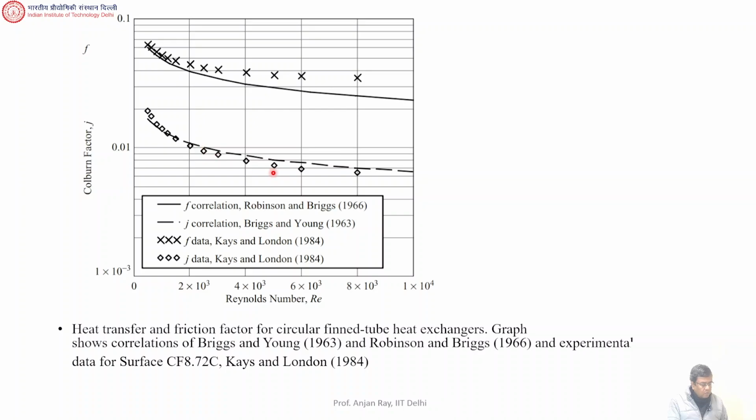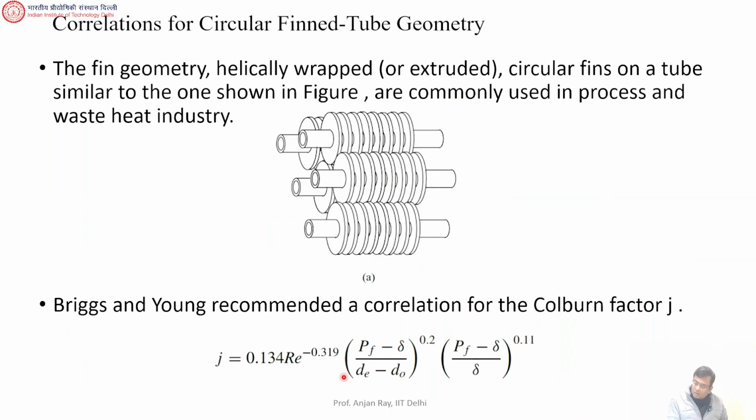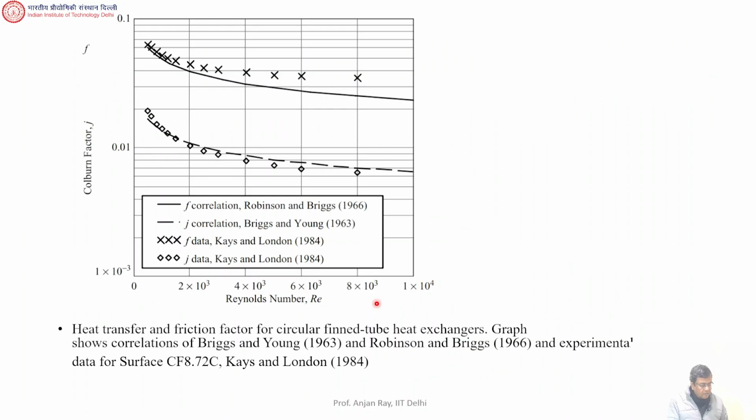For J also there is a correlation, this one, and that's plotted with this dashed line. What are the data? Data are from experiments, obviously. These experiments were done by Kays and London. There's a book by Kays and London, I think, not on convective heat transfer, there is a book on heat exchangers also. On convective heat transfer, there is a book by Kays, but London's name is not there.